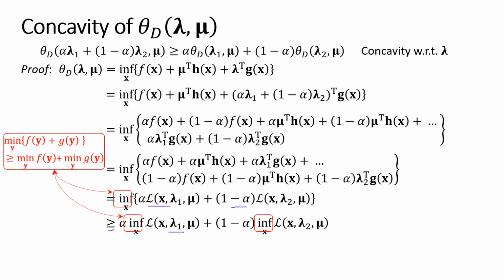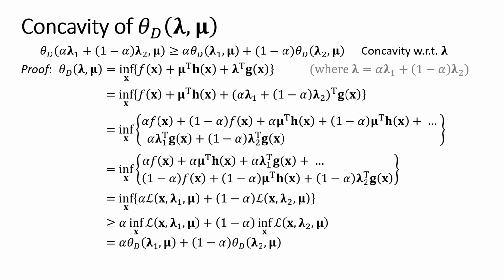That's because min of f plus g is always greater than or equal to min of f plus min of g, which is equal to alpha theta d of lambda 1, mu plus 1 minus alpha theta d of lambda 2, mu, which is the right hand side of this inequality that I wanted to prove.